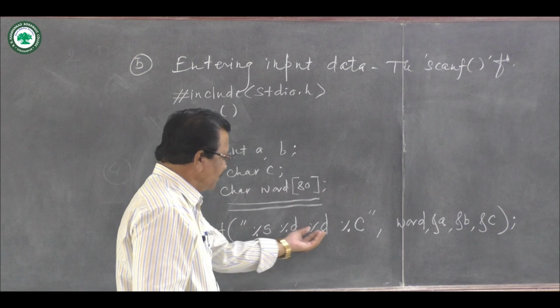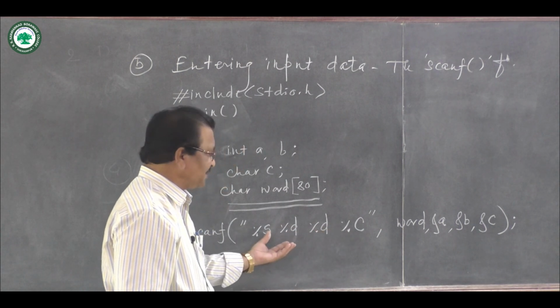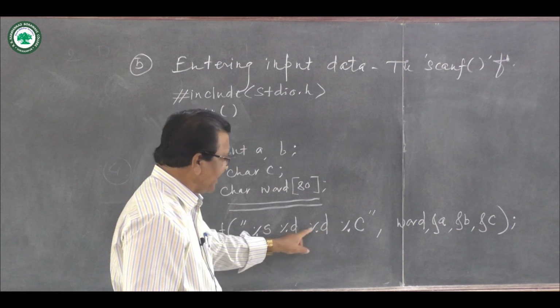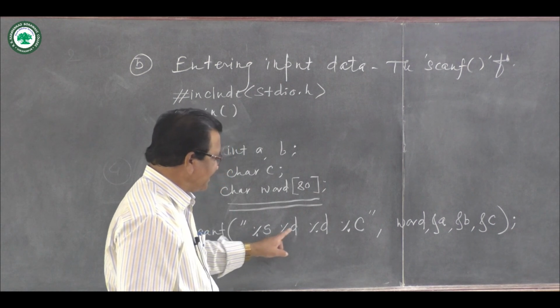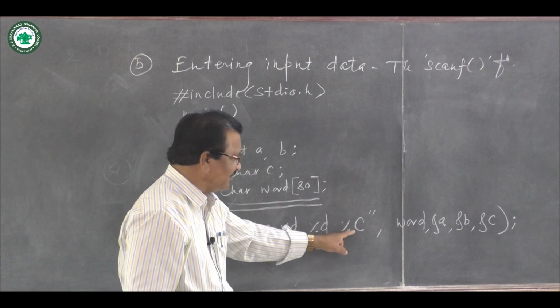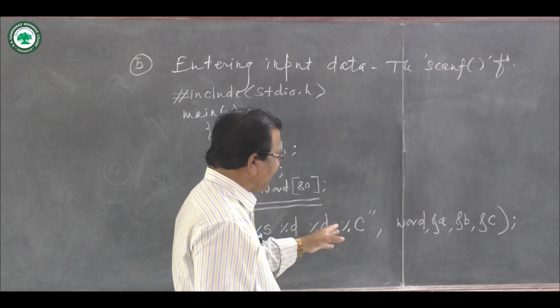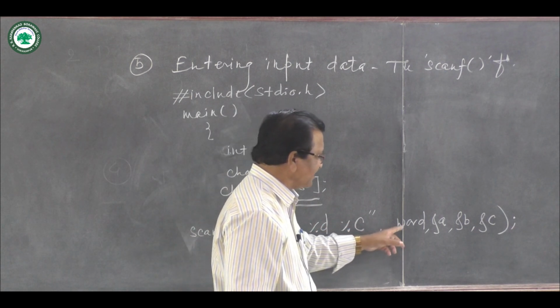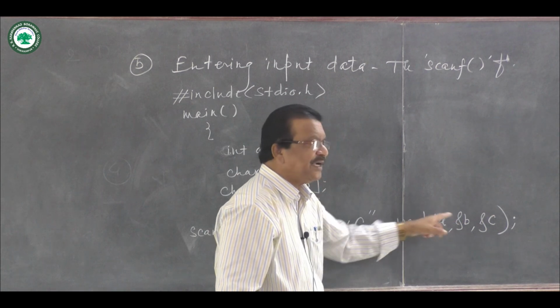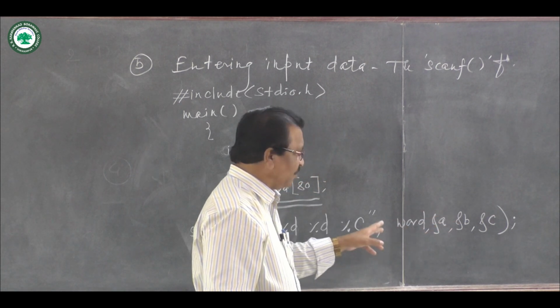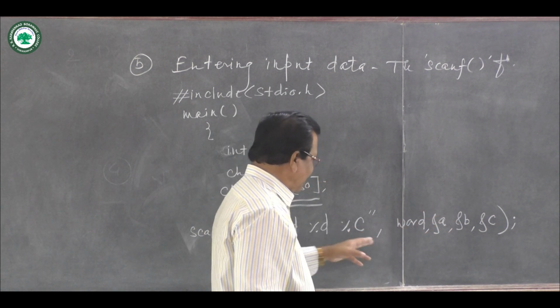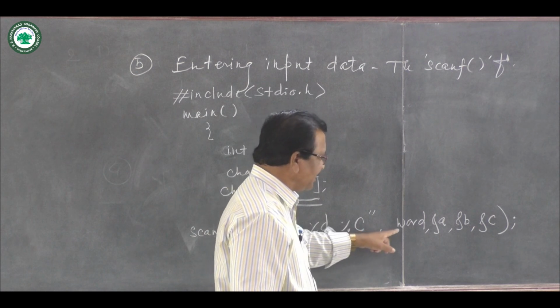Remember, 4 character groups or 4 conversion characters are there: S for string, D for decimal integer, and C for character. Corresponding to these 4 character groups, there are 4 data items or 4 arguments which follow after this control string.